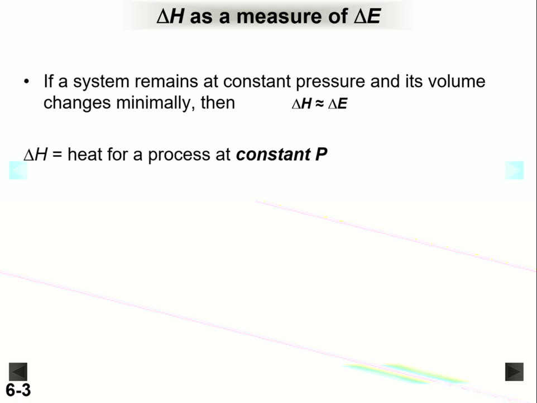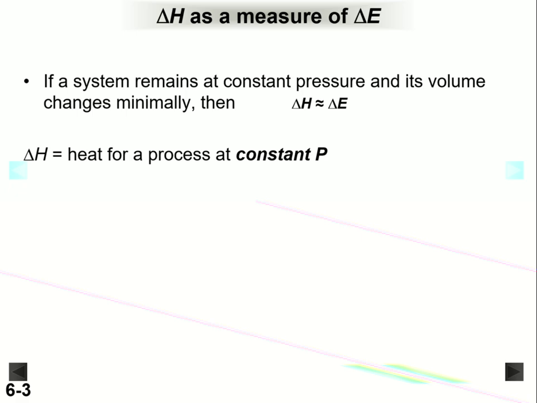So we left off last time, we said delta H was equal to delta E plus P delta V plus V delta P. If a system remains at constant pressure and nearly constant volume, then delta E is approximately equal to delta H. So the P delta V and the V delta P terms fall out.